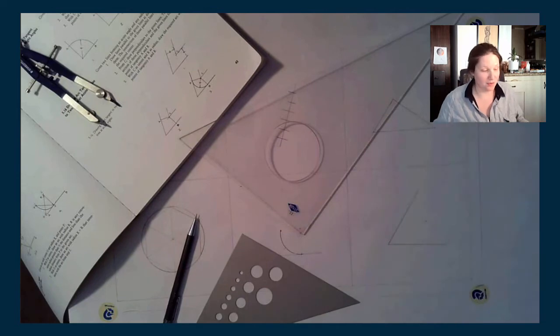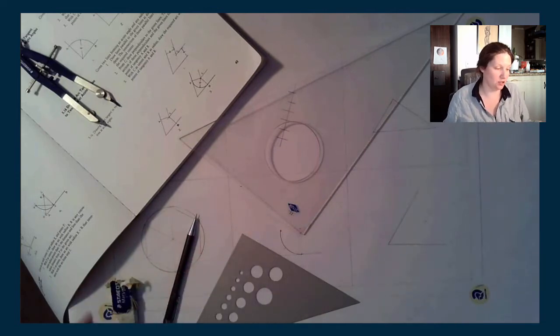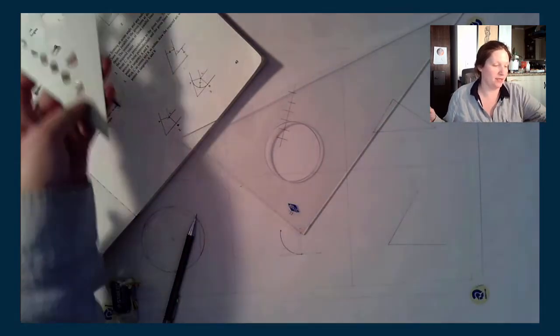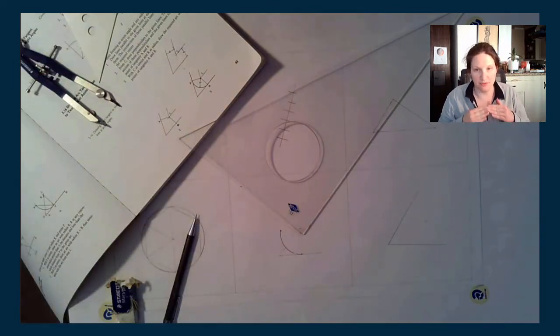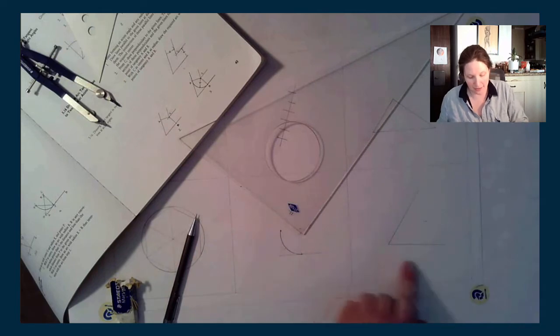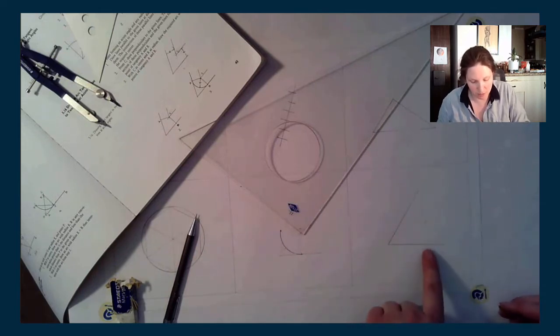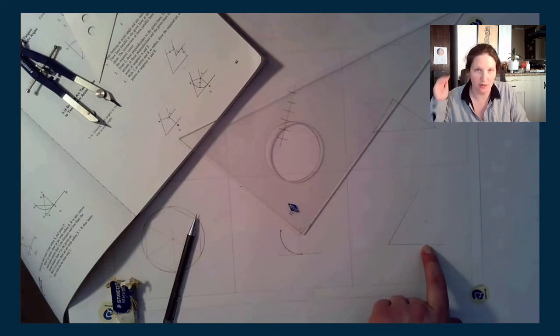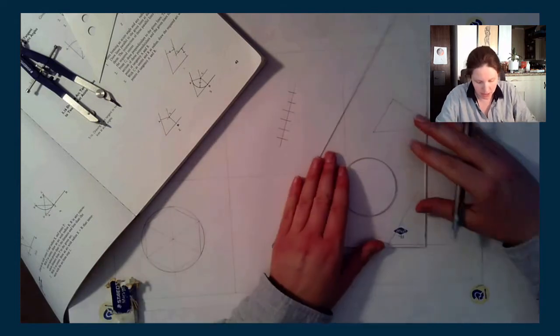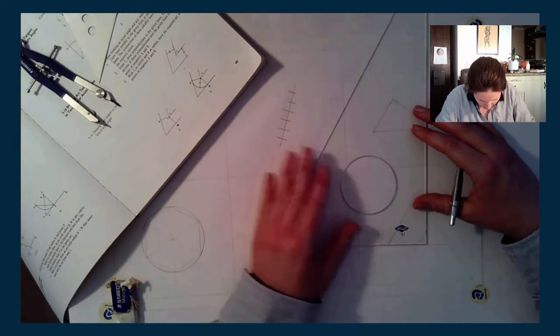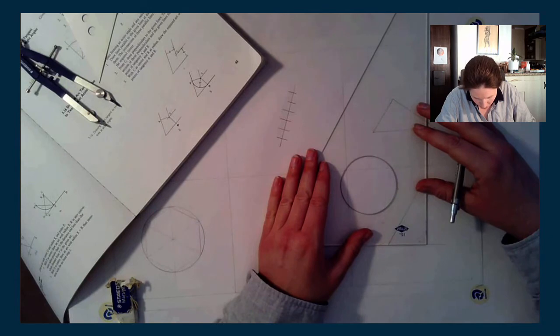Great. So now my next task is to, from the C, draw perpendicular to the given lines, okay? And that intersection from that perpendicular is going to give that point of tangency. So at the place where this would be perpendicular to the given line, that's where the arc I'm going to draw will be tangent. So I'm going to come on in here and I'm going to find that perpendicular using my triangle.